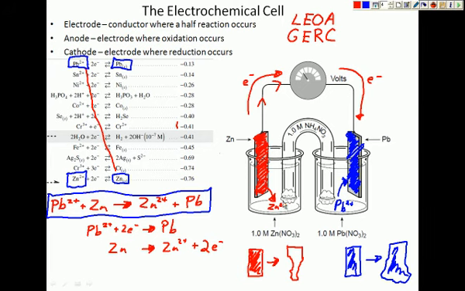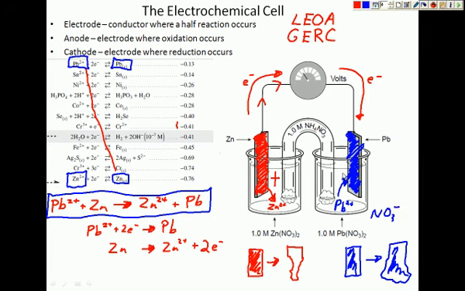Since this solution right here is becoming quite positive because of all the Zn2+ coming in here, and Pb2+ is turning into Pb solid, it's leaving behind in this other solution NO3-.